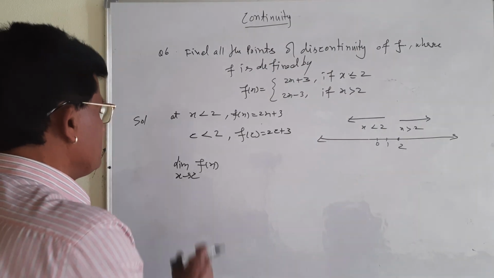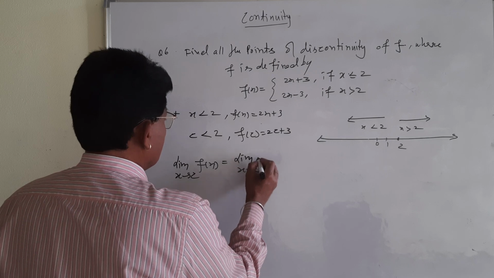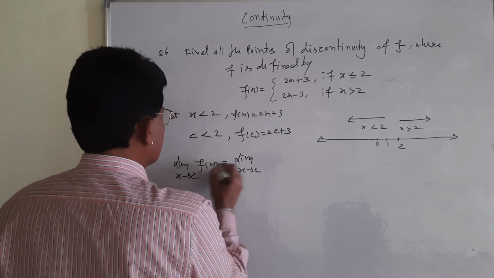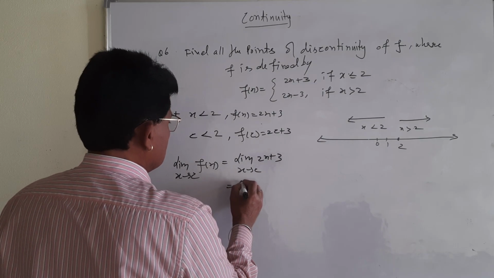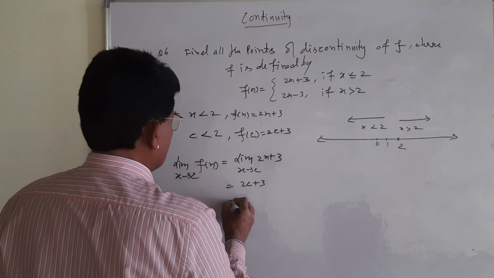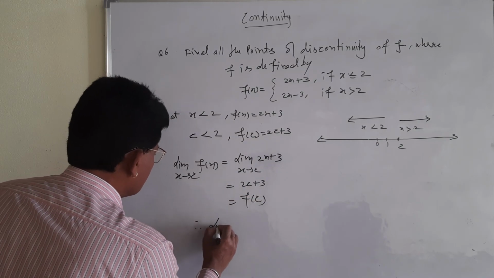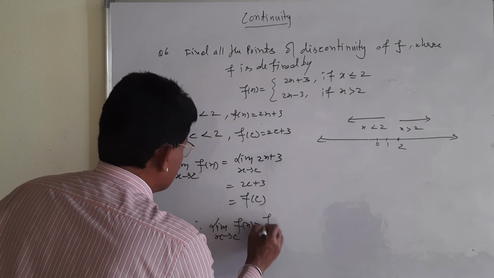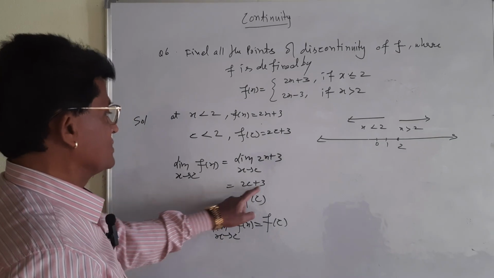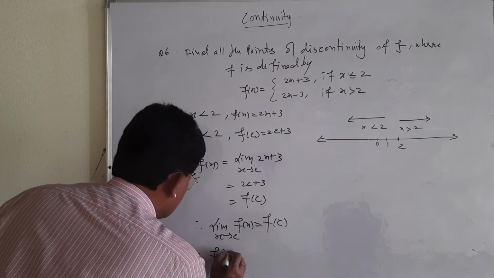The limit x tends to c of f(x), with f(x) equal to 2x plus 3, will be 2c plus 3, and 2c plus 3 is equal to f(c). Therefore, limit x tends to c of f(x) is equal to f(c). Both are the same, 2c plus 3. This is the definition of continuity of the function. You can say that f is continuous.